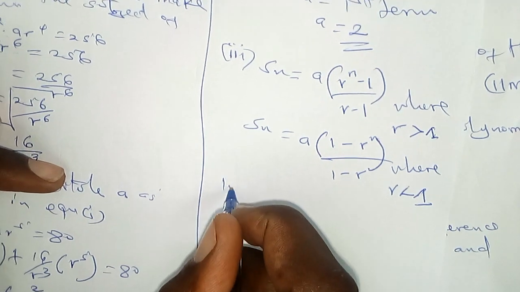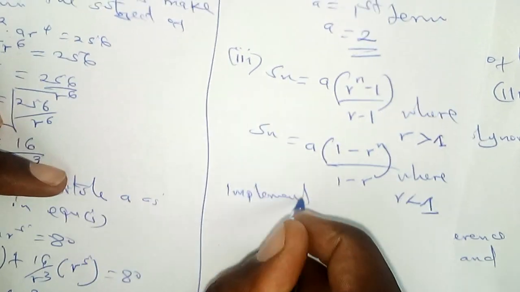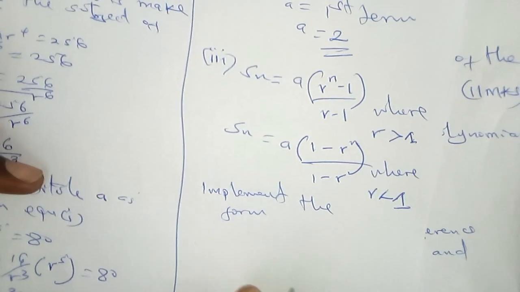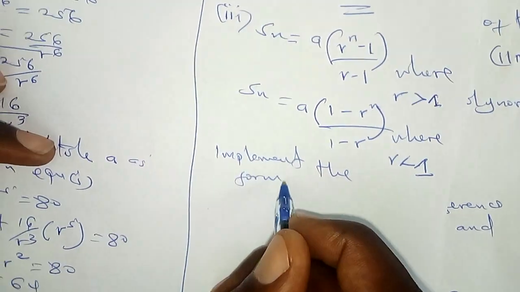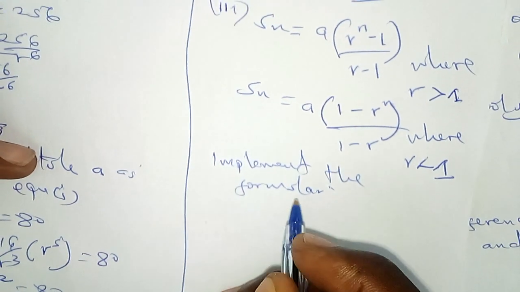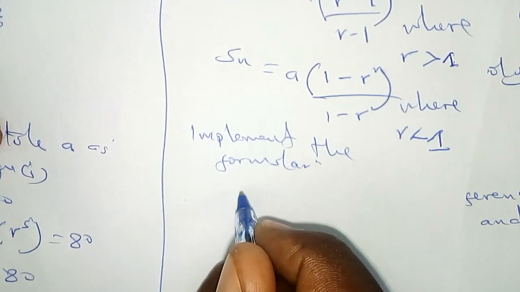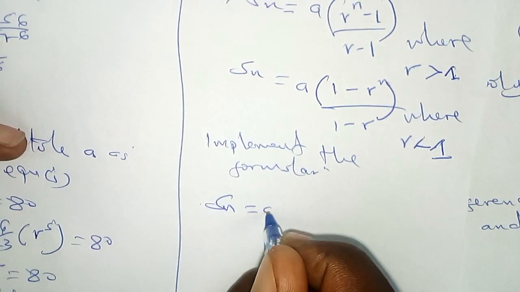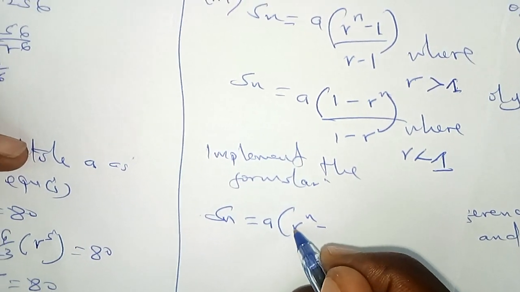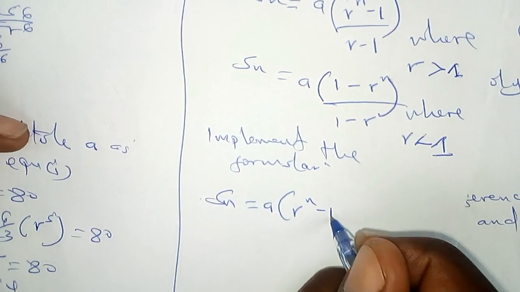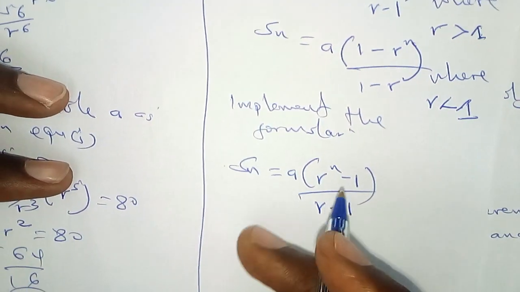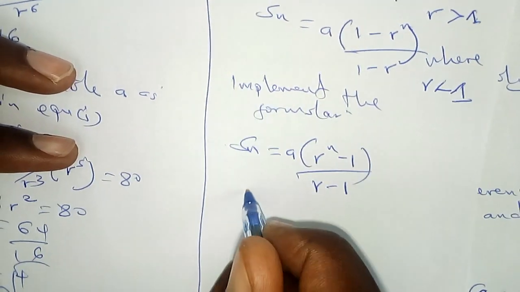So we use the formula: Sn is equal to A into R raised to n minus 1, all over R minus 1. Let us substitute.